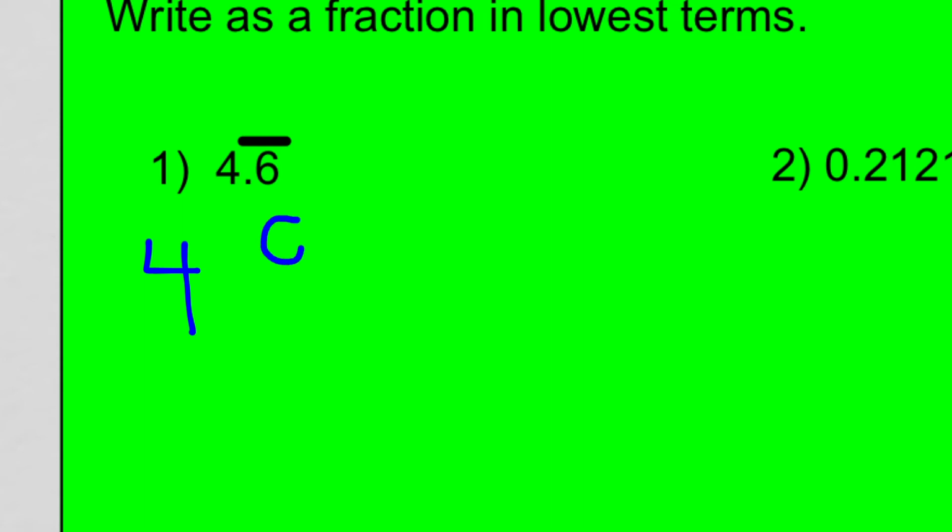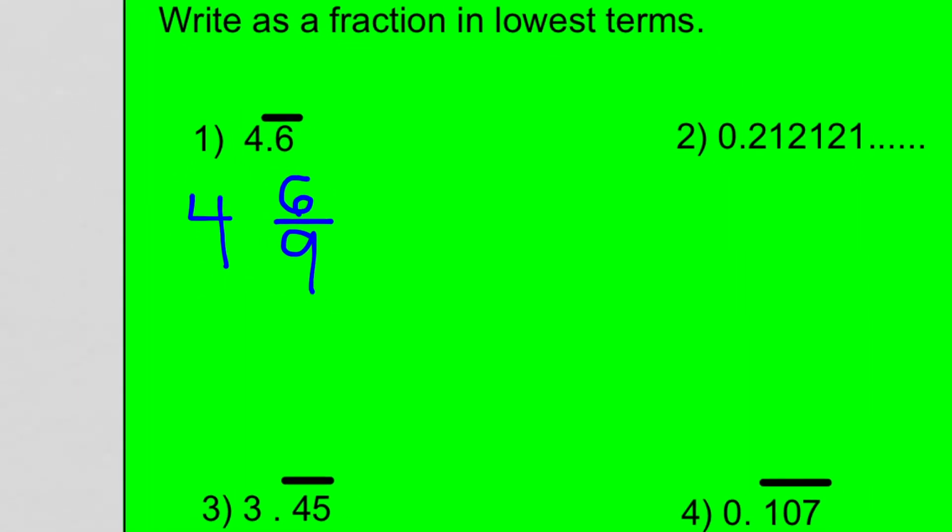That becomes the numerator. And since I have one 6 repeating, I put a 9 on the bottom. To put it in lowest terms, I divide the numerator and denominator by 3, and I get 4 and 2 over 3.